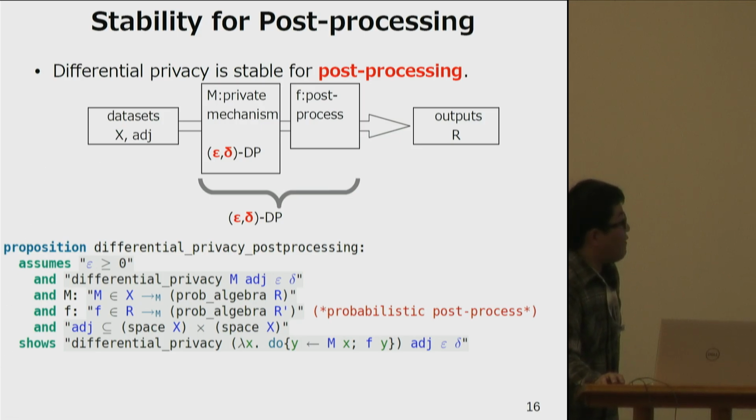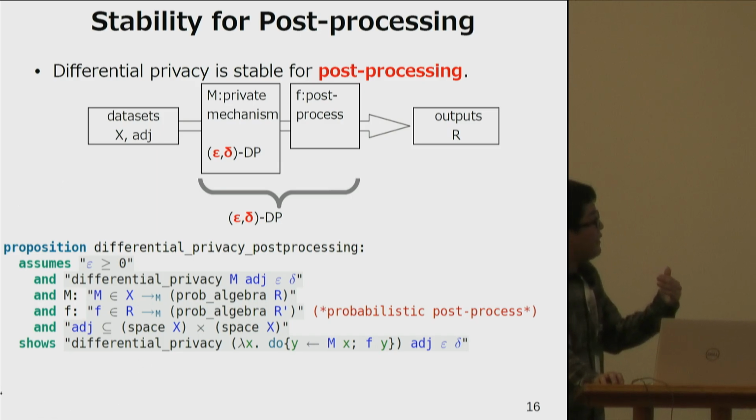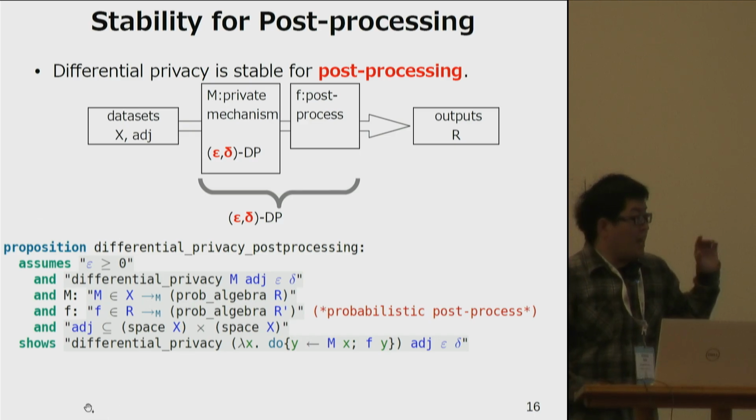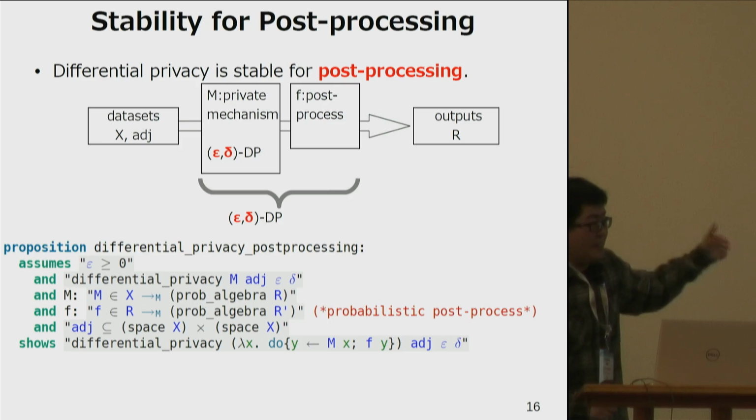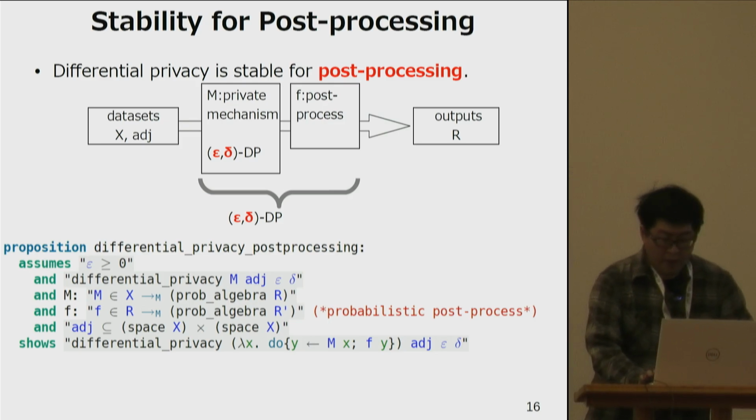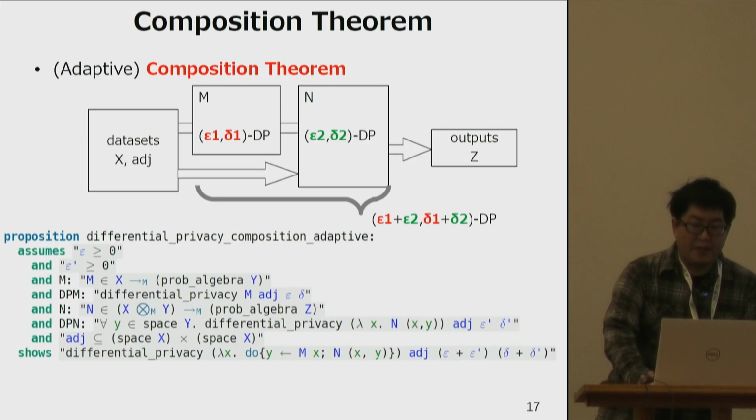So here is our formalization of stability under post-processing. And actually, we provide the formal proof in Isabelle/HOL. So it is very simple.